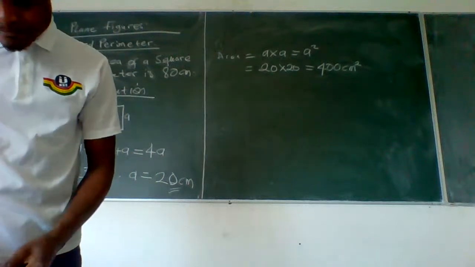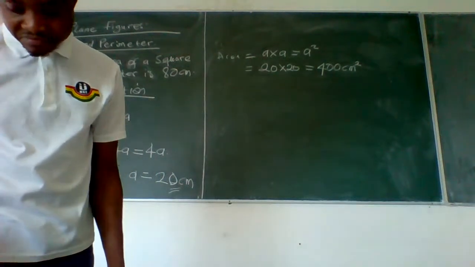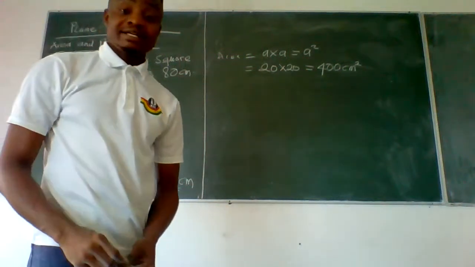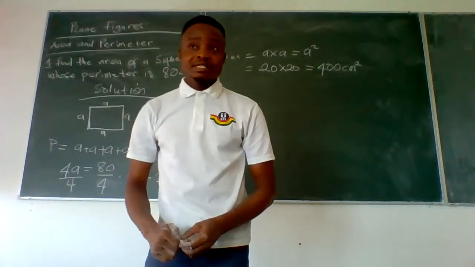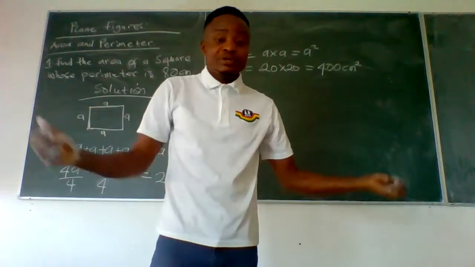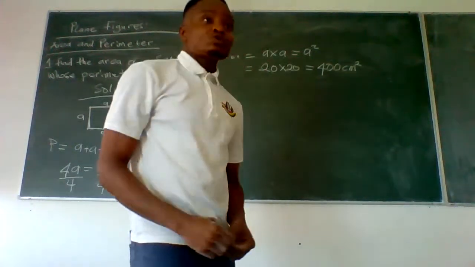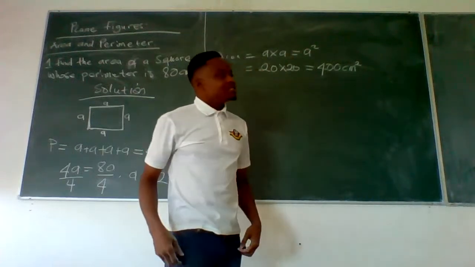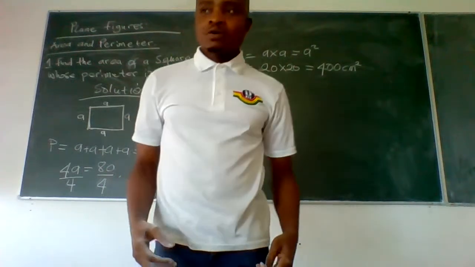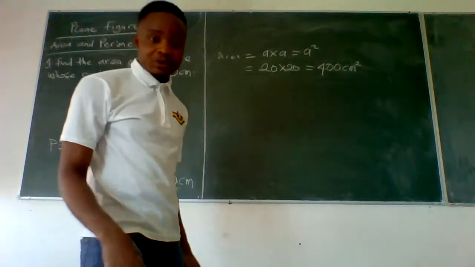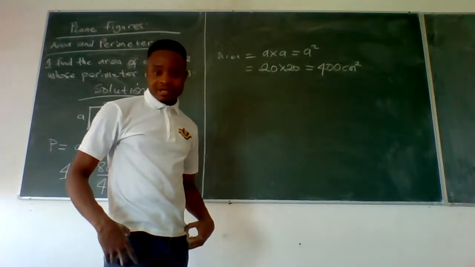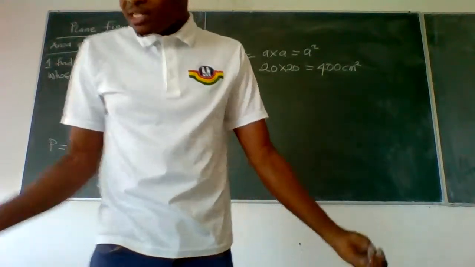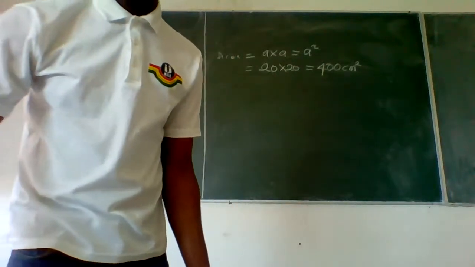But one issue is, let's say one square meter of the land being cleared costs her, let's say, 0.25 Ghana cedis. So your mom has this size of land, and she wants to know how much it will cost her if she employs those people to clear everything. So you are a student, and let's say she presented this problem to you. How are you going to deal with it?